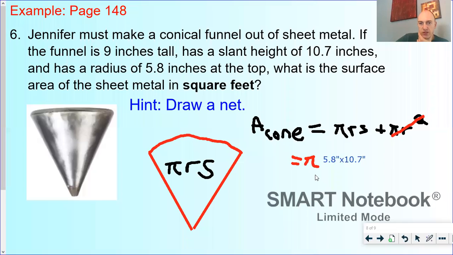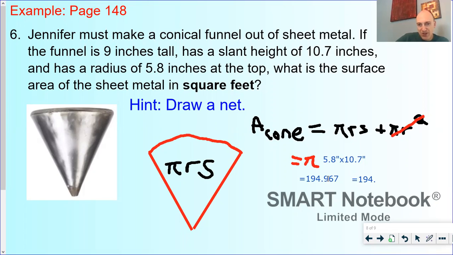Here, let me just write this down. Equals 194.967, which is approximately equal to 194. Actually, if we're going to go to one decimal place, we would look here at this 6 after the 9, and that would tell us to move that 9 up.